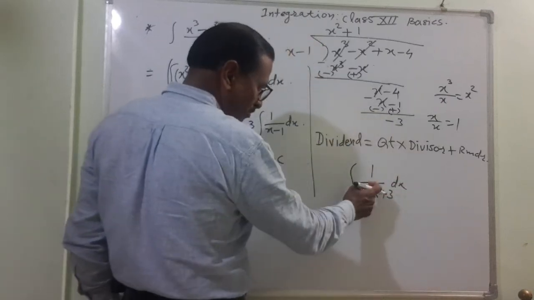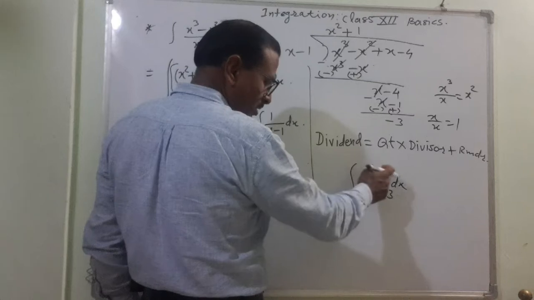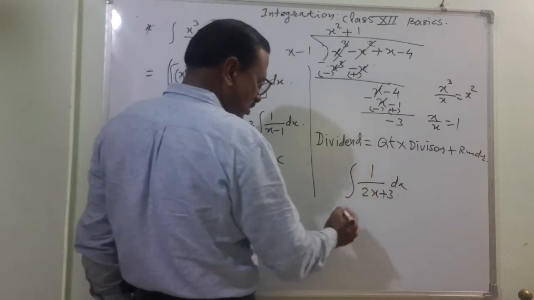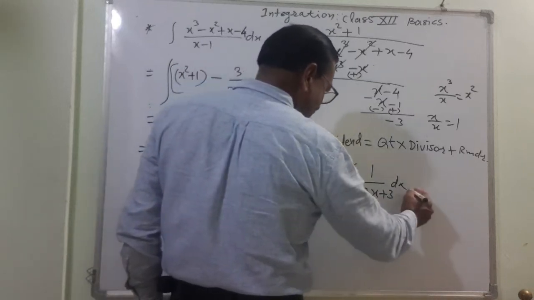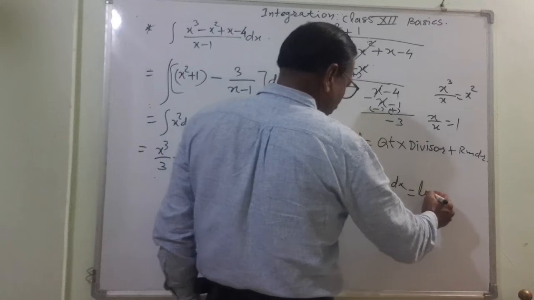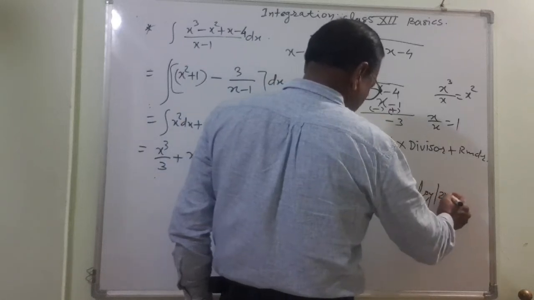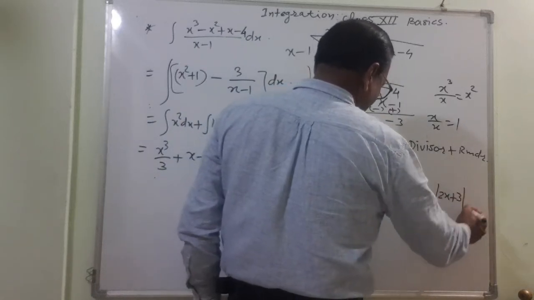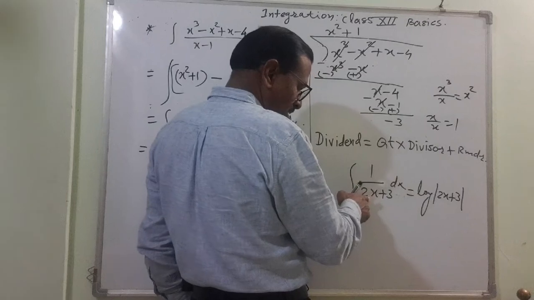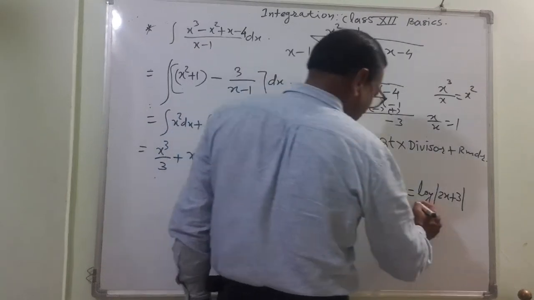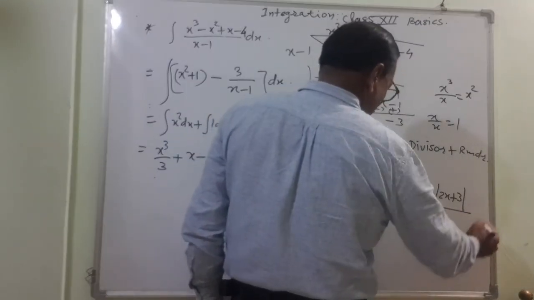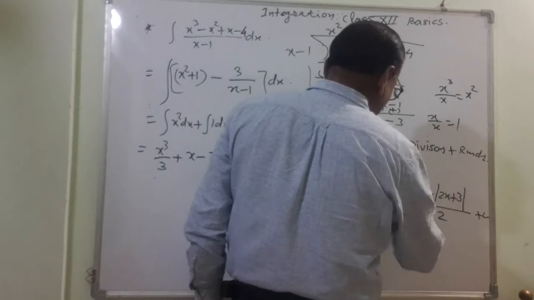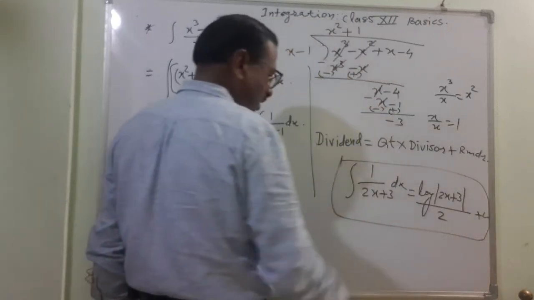Again the power of this is 1, so it is as 1 upon x. So its integration is equal to log of 2x plus 3 and divide by the derivative of this, and the derivative is 2, plus the constant of integration. Just note this, don't forget this.